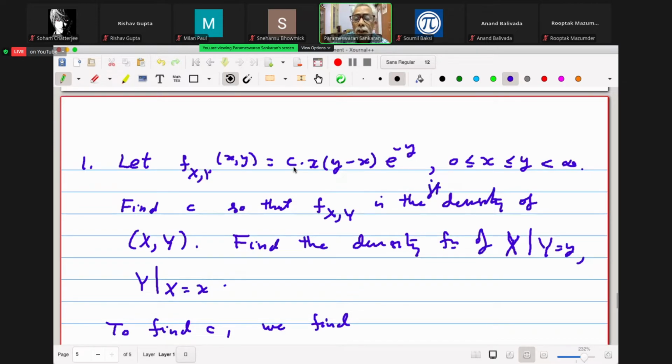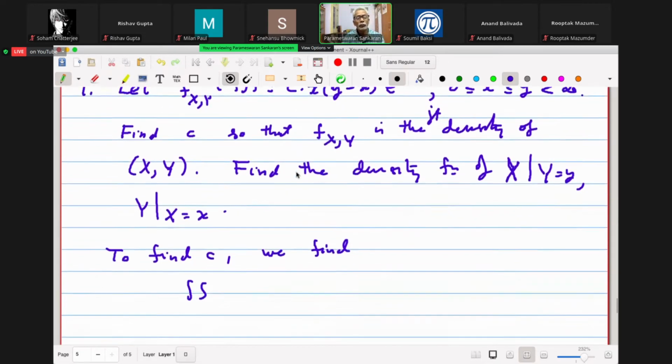I have written the non-negative function y minus x, but y is always bigger than or equal to x, and x is bigger than or equal to 0. So all the three factors here are non-negative quantities. So c will be some constant which we will find out.